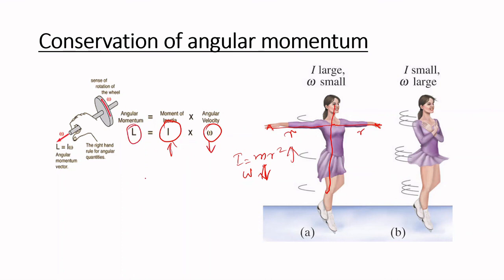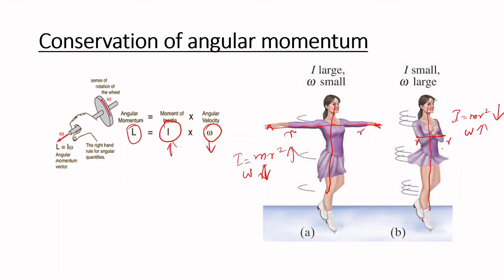Look at this picture. In this, she is keeping her hands near her axis of rotation. See, the axis of rotation is this and her mass points are like this. So the distance is very less in this case. So I equal to m r square also decreased. When I equal to m r square decreases, omega will increase.